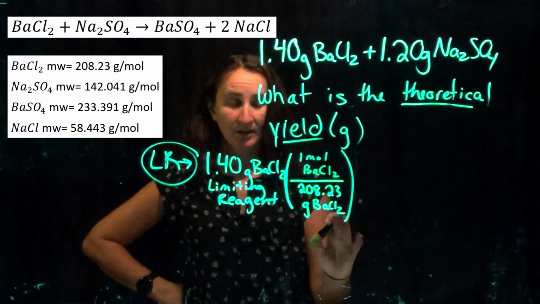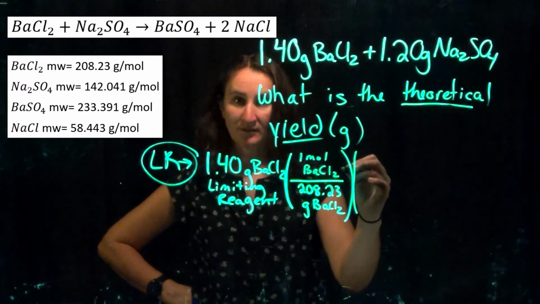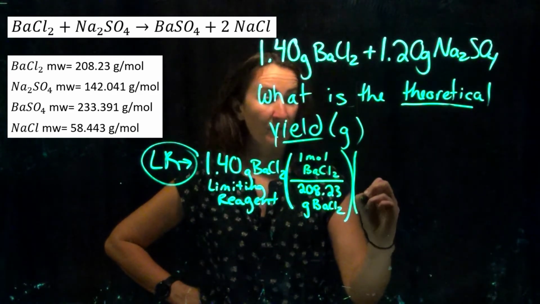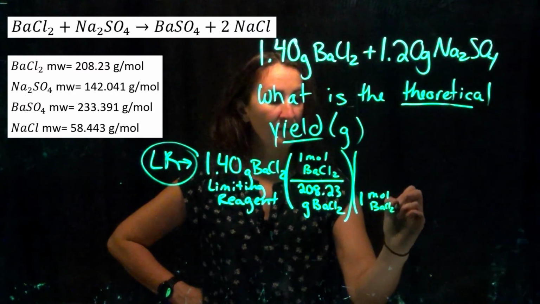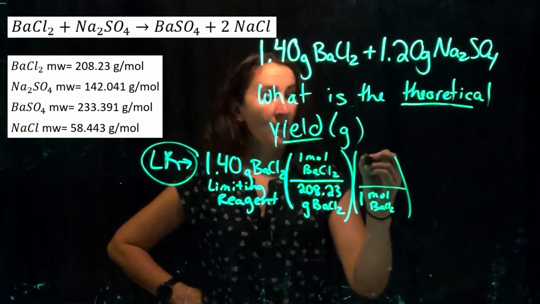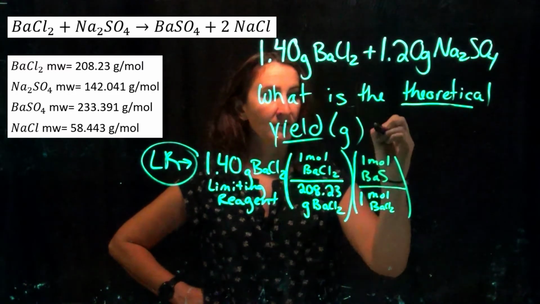All right, so you should have started here where you've got grams of barium chloride converted to moles of barium chloride. Now use your balanced chemical equation. 1 mole of barium chloride per every 1 mole of barium sulfate.